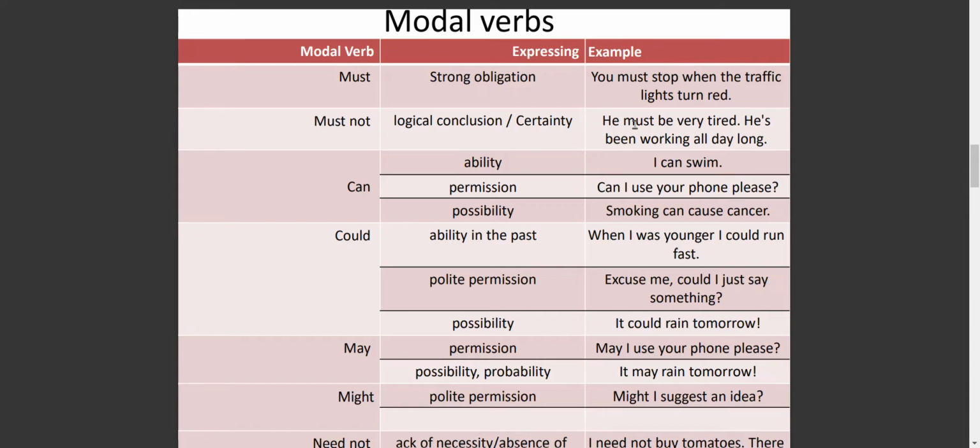I can swim. Can I use your phone please? Possibility: smoking can cause cancer. Could: ability in the past. When I was younger I could run fast. Polite permission: excuse me, could I just say something? Right? So these are modal verbs step by step.